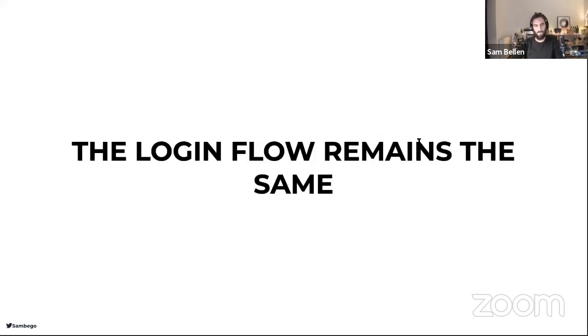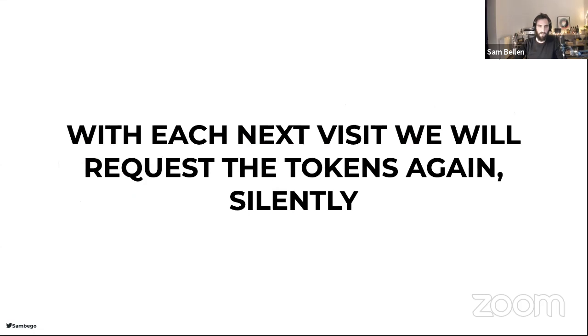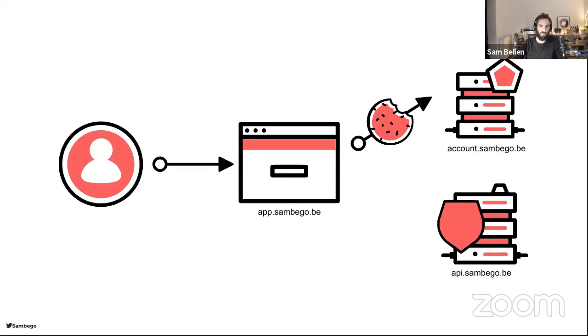It doesn't mean that the login flow is the same as in the previous example. The beginning of the login flow remains the same. We get our tokens back, our access token and ID token, and maybe your refresh token. And together with those, our authorization server will also issue a session cookie. And then with each next visit, we will just send the session cookie first to the authorization server.